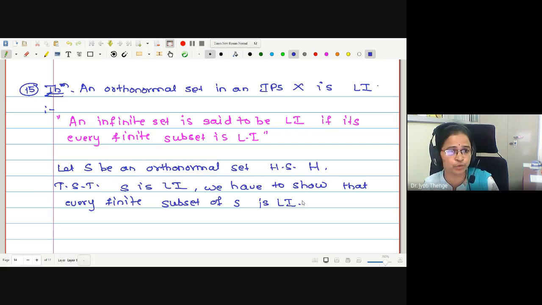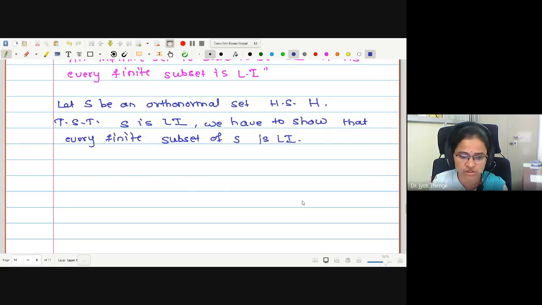Here we are writing the proof by assuming S is infinite. But if S itself is finite, no need to worry. You can continue the proof directly. Okay. Therefore, this is the more general case.